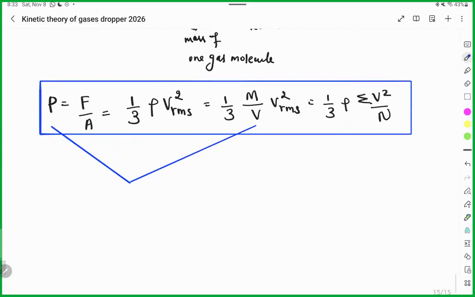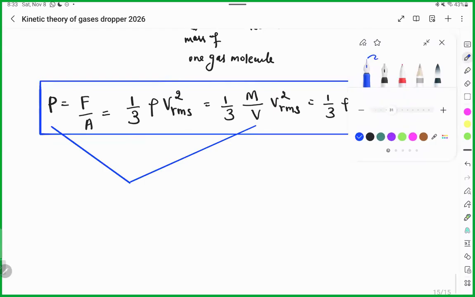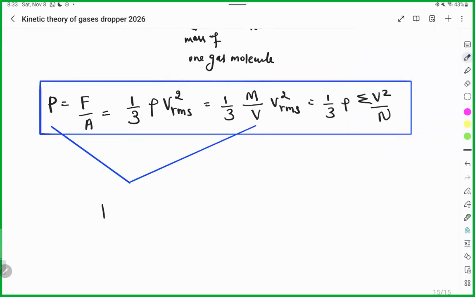Tell me, if you take volume to the other side from the third part, can you say PV is equal to 1 by 3 m VRMS square, right? Yes or no? Everybody. Yes, sir. Can we also say it is equal to nRT? Yes, sir.